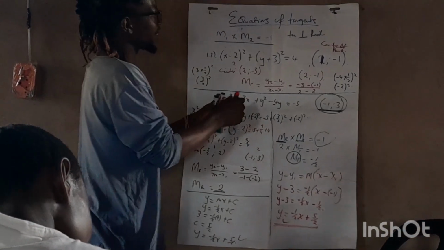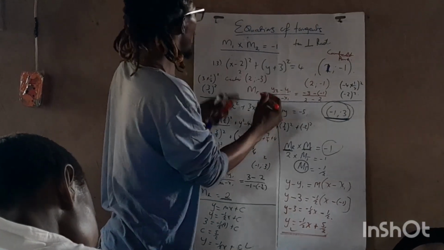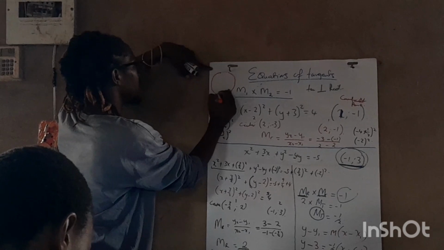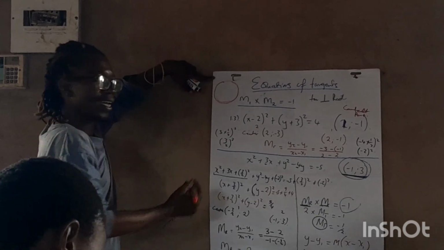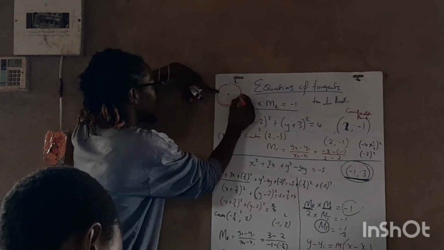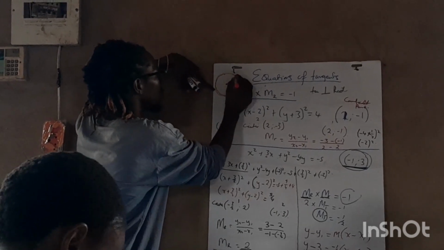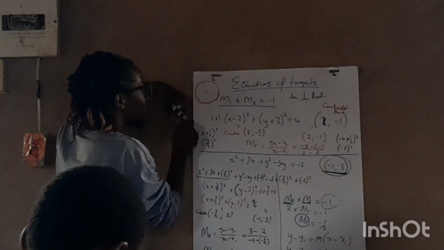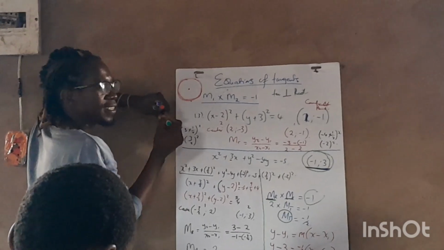Okay, so to answer your question, don't forget that our circle is more like this. Can you see? This is how our circle is, right? And this circle has a center, right? And this tangent is the point where the circle and the line are touching, right?